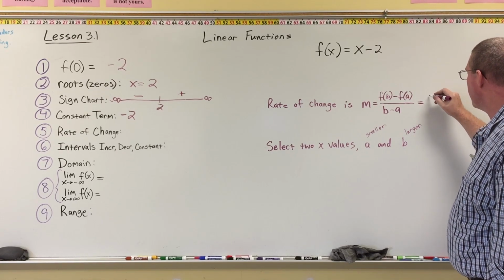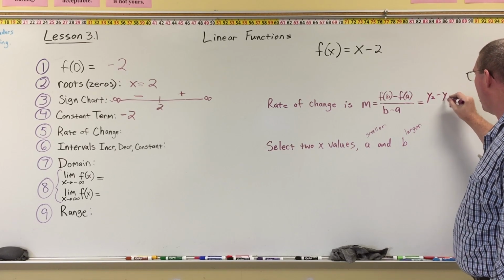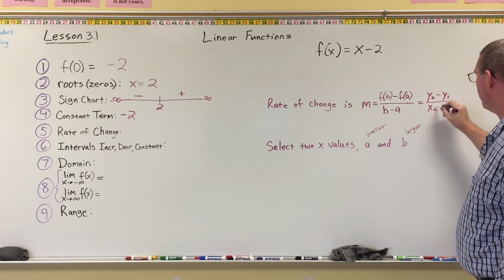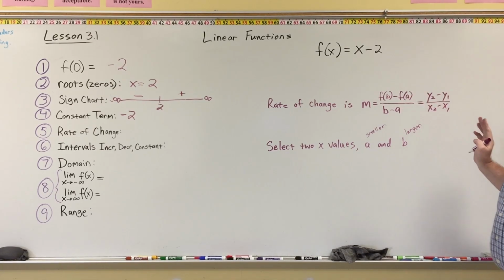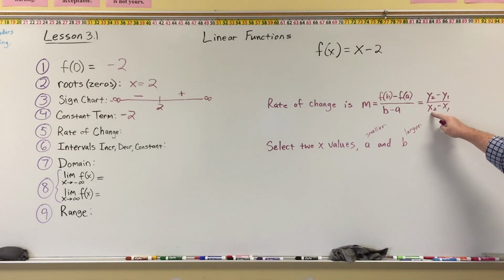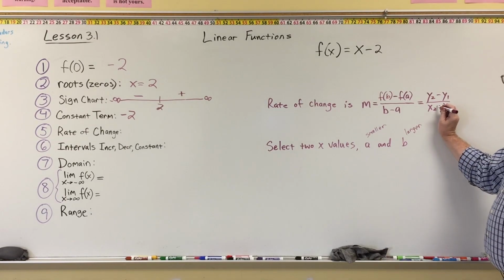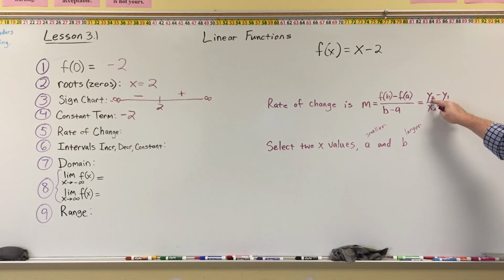Sometimes you may have seen this as y2 minus y1 over x2 minus x1. This is the exact same thing. Look, x2 is your larger x value, x1 is your smaller x value, y2 is the y value that you get when you plug in x2, and y1 is the y value you get when you plug in x1. Okay, so these two formulas are exactly the same.